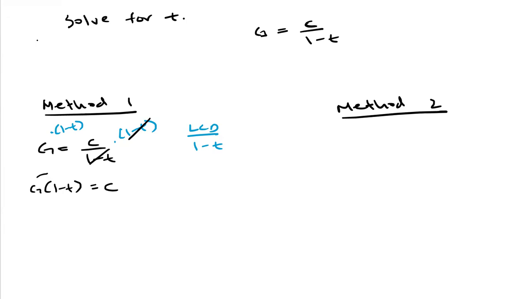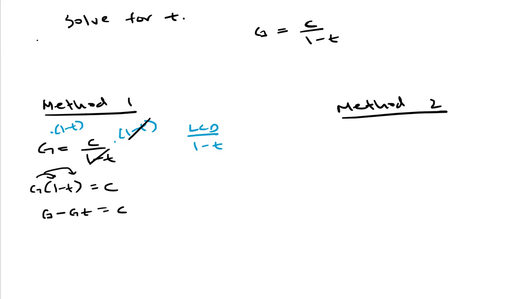Okay? Then I'm going to distribute. So I'm going to distribute the g here because I'm trying to get t by itself. So g times 1 is g, and g times t is minus gt equals c. Now, I can make this really complicated because I have a negative here, or I can make it not so complicated.